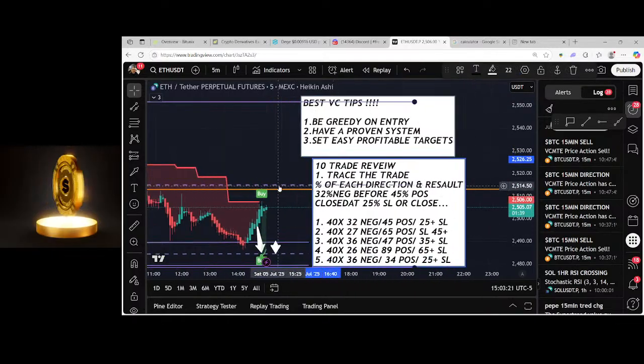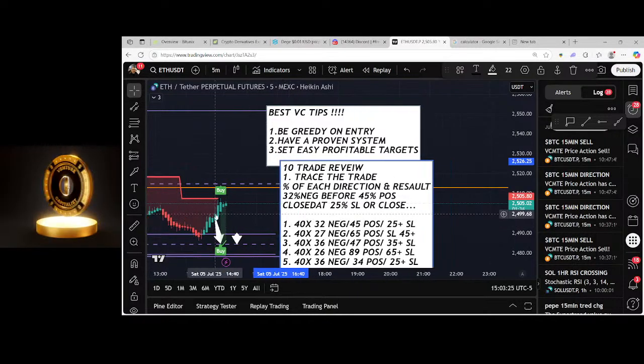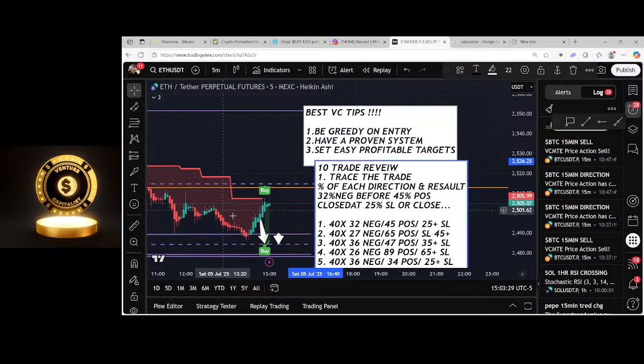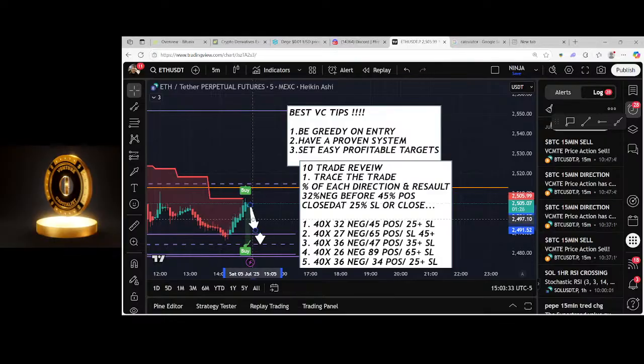All right, so here we go. We're getting a buy signal here on Ethereum, right? So what's going to happen on Ethereum now that we have a buy signal is that we're going to have a pullback, right? And at some point it's going to pull back and give us an entry.